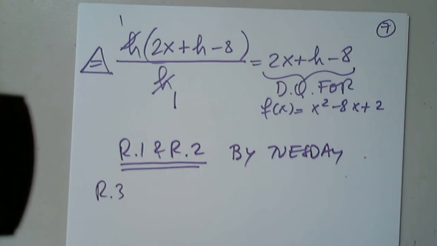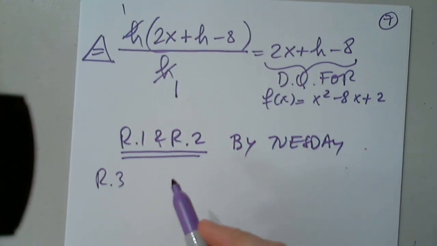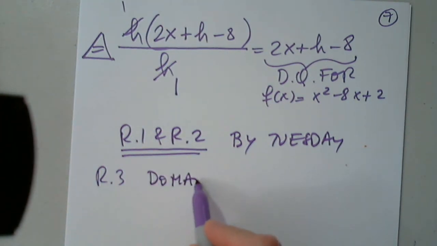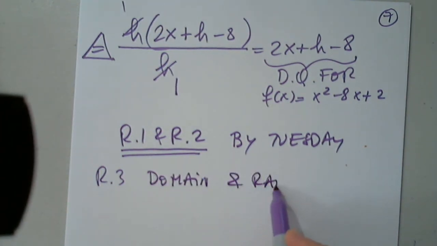Okay, so let's choose a function from here, any function you want, and let's identify domain and range. So R.3, that's all it does, domain and range. Okay, so would anyone like to choose?